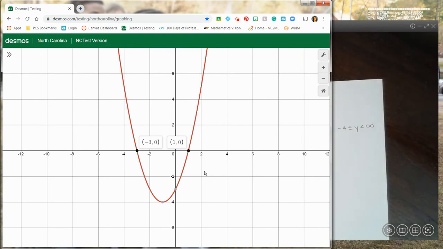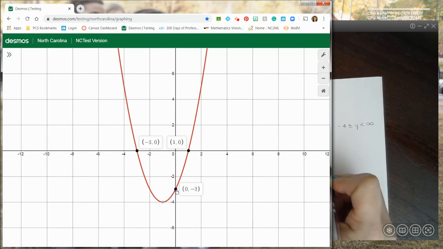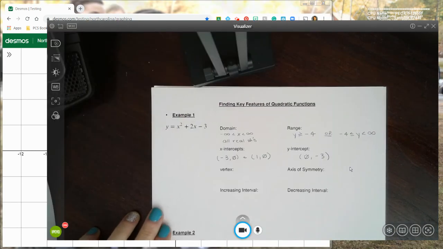So I am going to write that my x-intercepts are (-3, 0) and (1, 0). And while I have Desmos open at the moment, I'm also going to come down here and look at my y-intercept. So my y-intercept is (0, -3). So those are our key features so far.